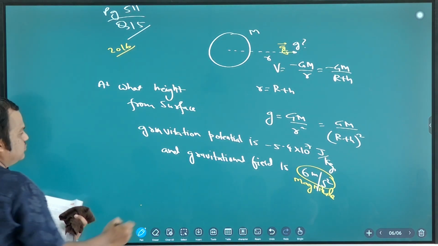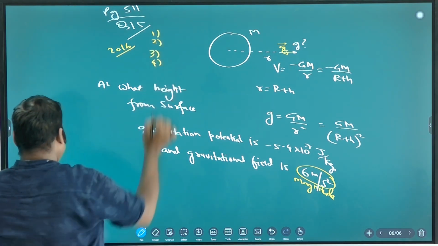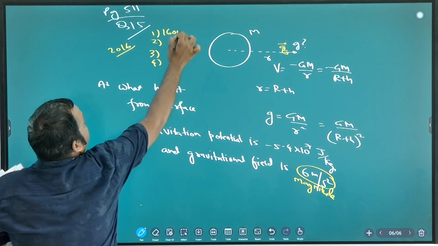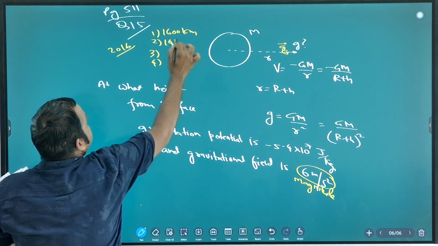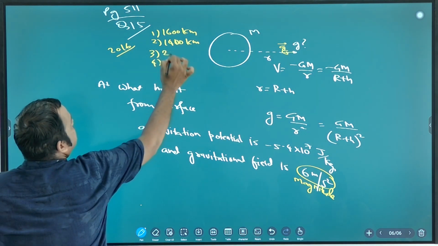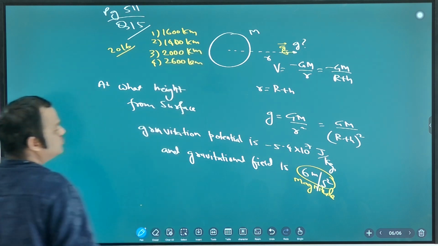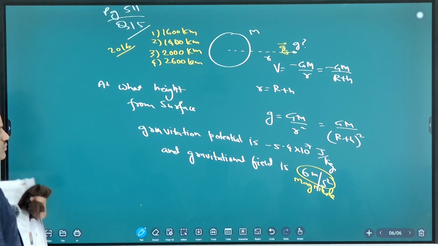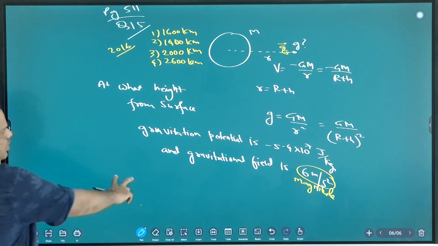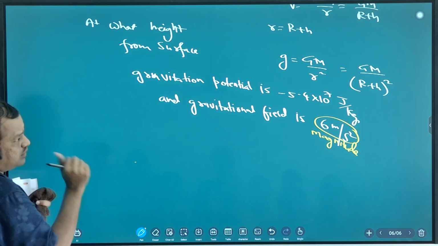Options: 1600, 1400 kilometer, 2000, 2600. Okay, solve. So how to solve? It is an easy question, very easy. You just think how you can solve.